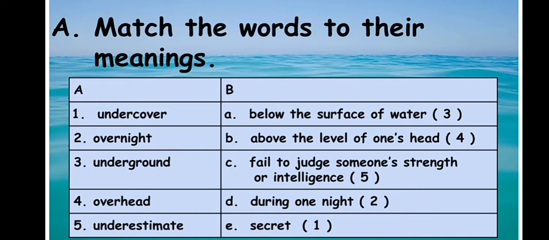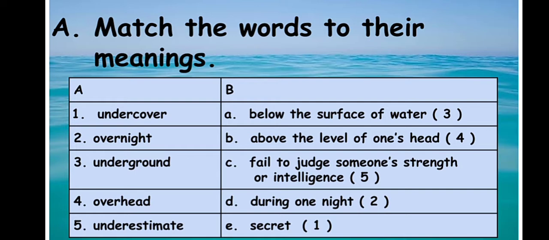So what you did was, you underestimated that boy or girl by looking at her on the first day. So that is the meaning of underestimate. That is, you fail to judge someone's strength or intelligence. It can be on strength or it can be on intelligence.